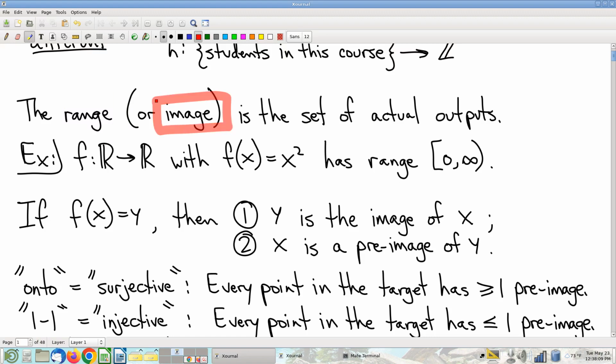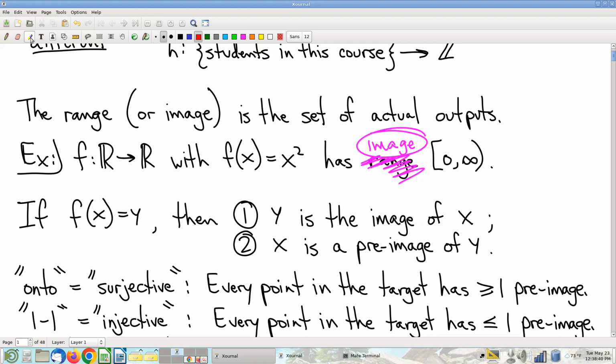There is no sort of track record in the literature of it being conflated with target. So this is the term that I prefer for that reason. In fact, I am going to go ahead and scratch out over here where I wrote range and rewrite as image because I like that word better. It's less possibility for a misunderstanding with someone who learned out of a different textbook. Okay. All right. I guess I'll leave that there.